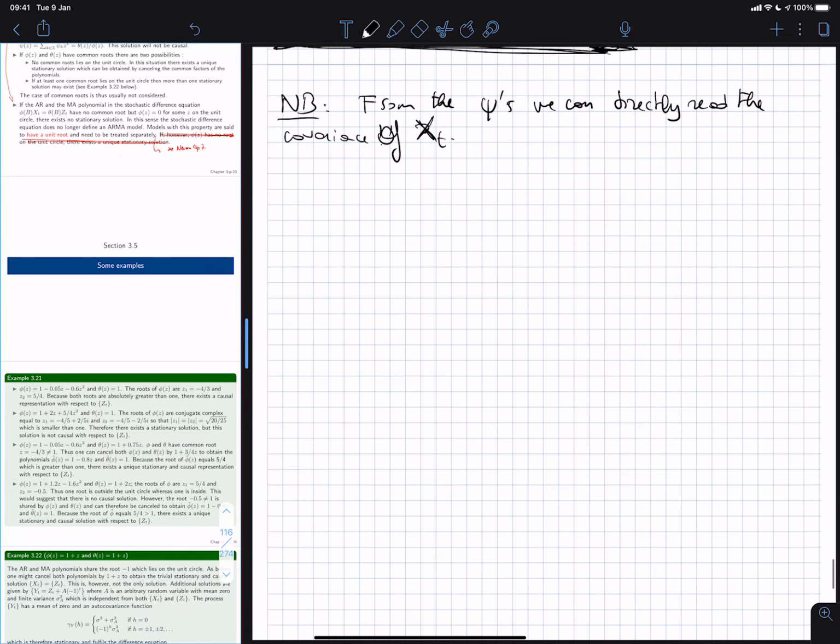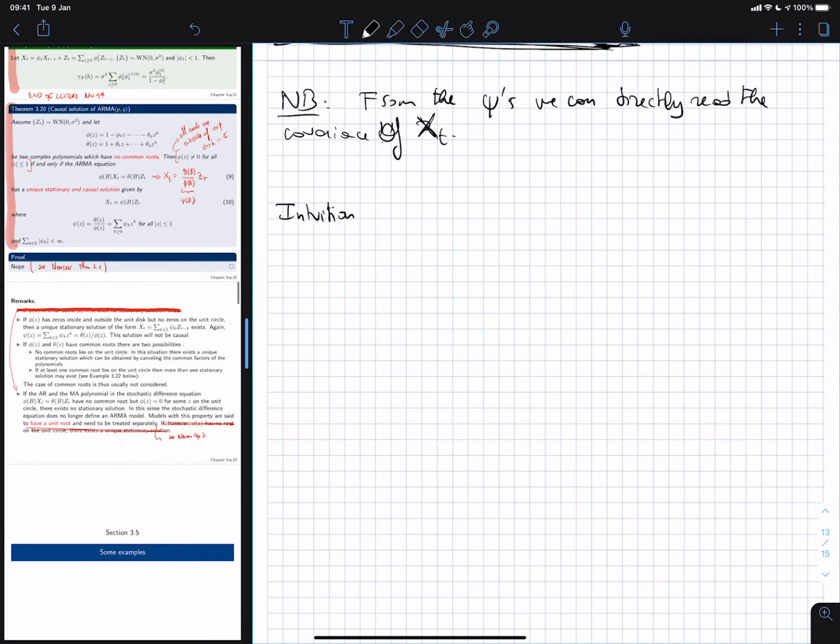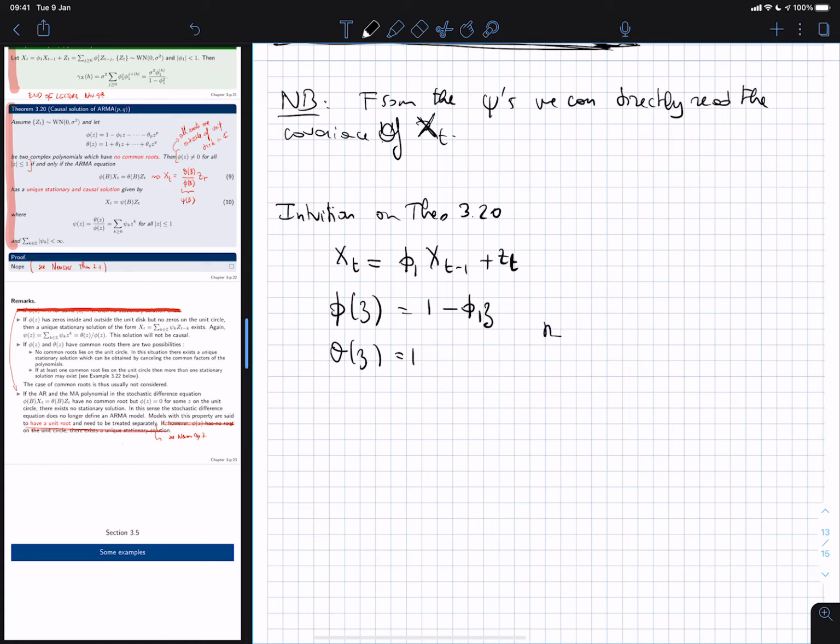So, still intuition on this theorem. On theorem 3.20, in the AR1 case we had x_t equal to phi1 x_{t-1} plus z_t. So the polynomial phi of z was 1 minus phi1 z. Theta of z was just 1. There are no common roots. And we saw that there were three cases.